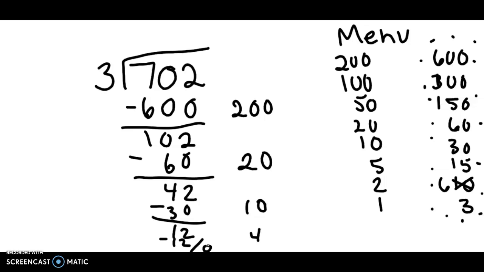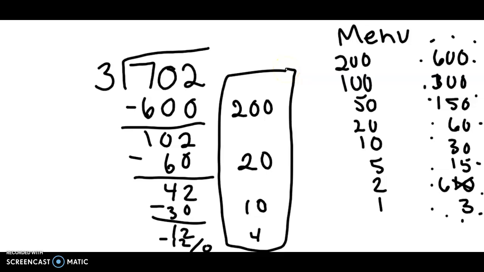Now I've got these numbers over here that are my partial quotients. So I'm going to add them together. And when I add up 200 plus 20 plus 10 plus 4, I get 234.